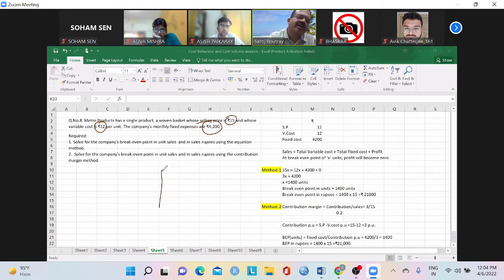If I put it in a graph, this is my rupees, and this is volume. When volume is 0, still fixed cost is 4200. Fixed, right? So when volume increases to 100, 200, 300, fixed cost remains the same 4200.